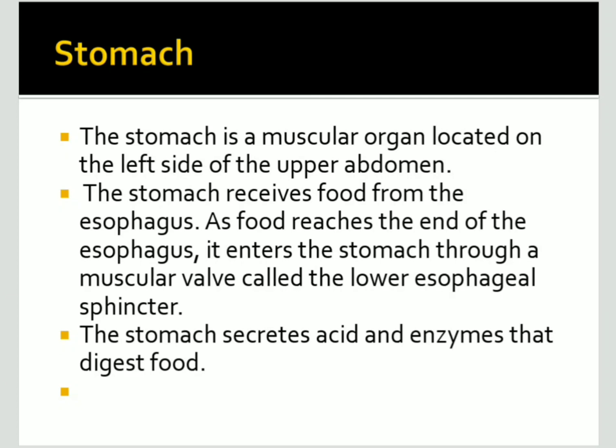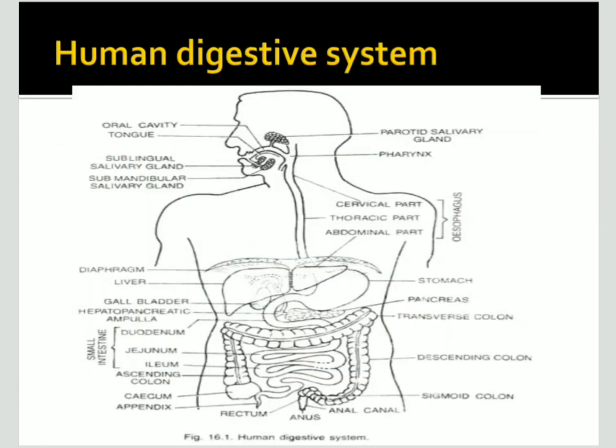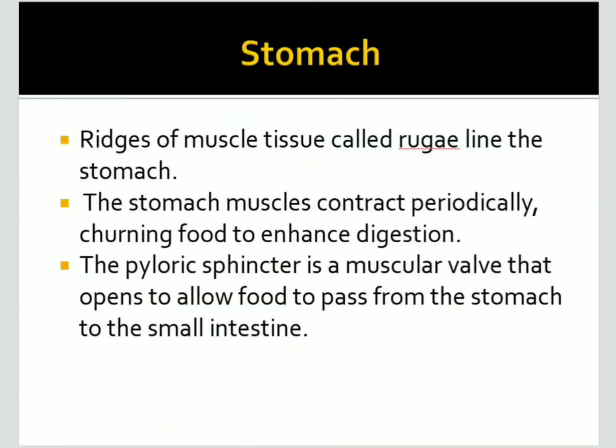So, towards the upper abdomen on the left side, this is where the stomach is located in the picture, if you can see. Here, in the abdominal part, the stomach, which is a bag-like structure, is present. The esophagus opens into the stomach, and the stomach opens into the small intestine. The ridges of muscle tissue called rugae line the stomach. The stomach muscles contract periodically, churning the food to enhance digestion.